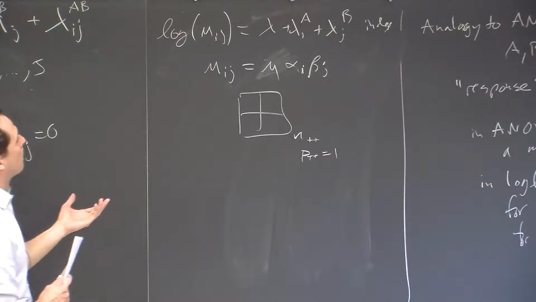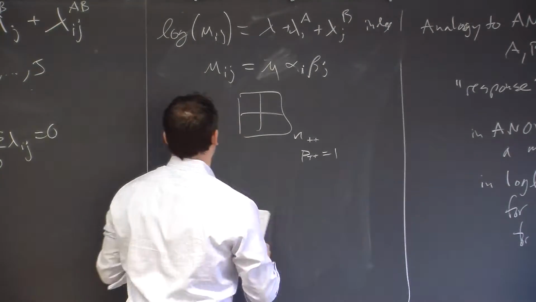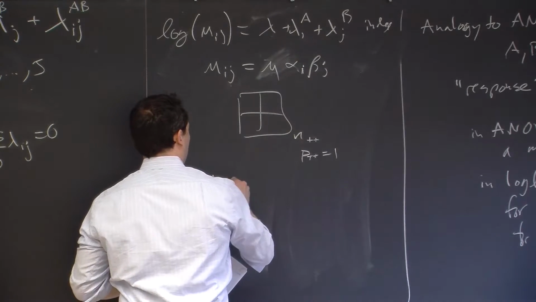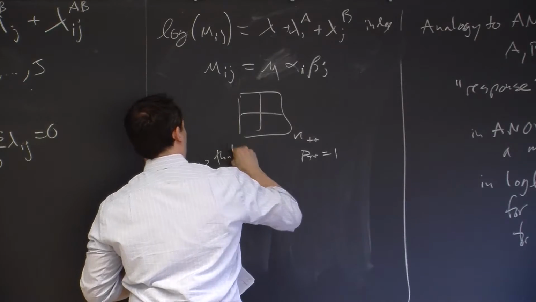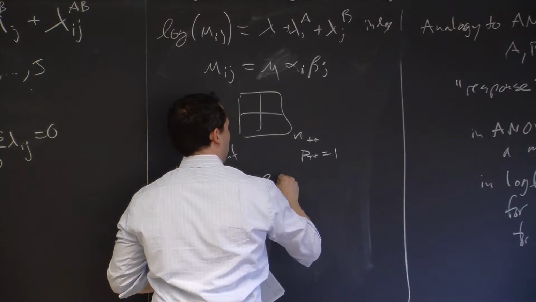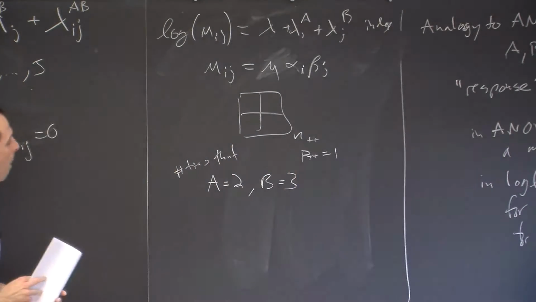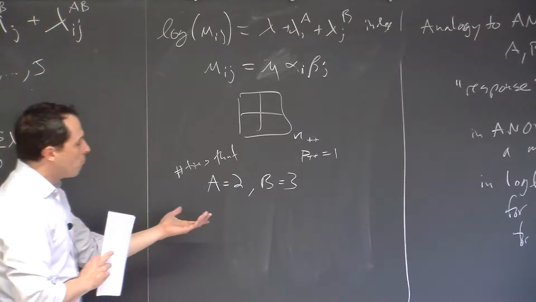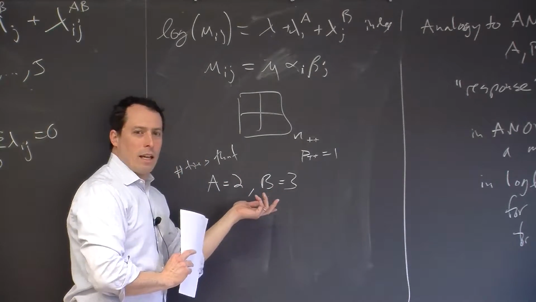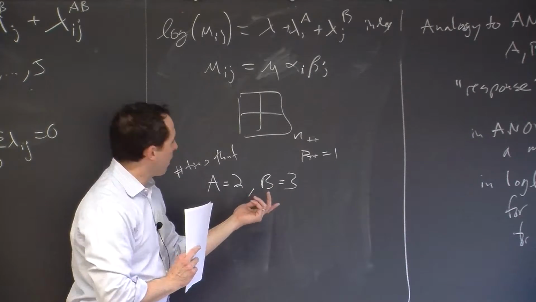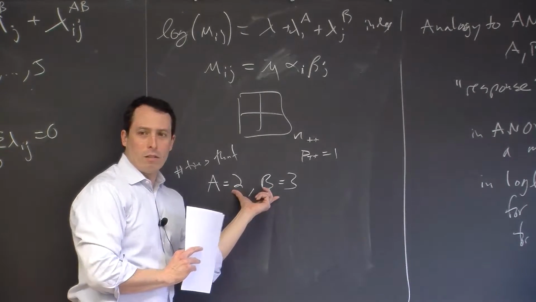In fact, anything I can count, like how many times A was equal to 2 and B was equal to 3 in the sample set. If I count that, that will also be a total. And my model is not going to be a very good model unless it can agree with that total.